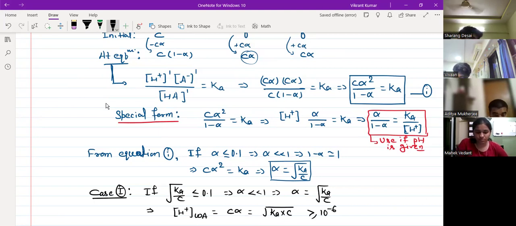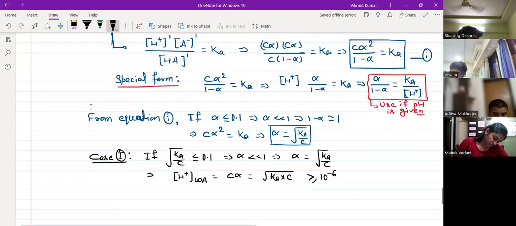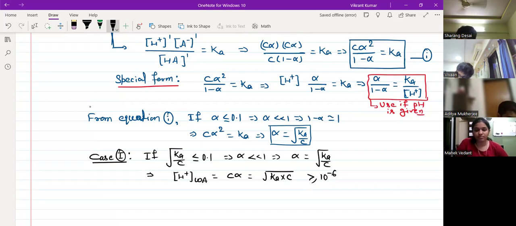If it is not, then the water contribution has to be considered. Otherwise we can directly take it. Normally it comes in range; if not, 10 raised to minus 7 will come, so we know we have to report 6.8, and if 10 raised to minus 8 comes, we know we have to report 6.98. But in general we have to go back to the quadratic equation that was given in the water case. Otherwise, if it is like this, we can directly calculate pH.